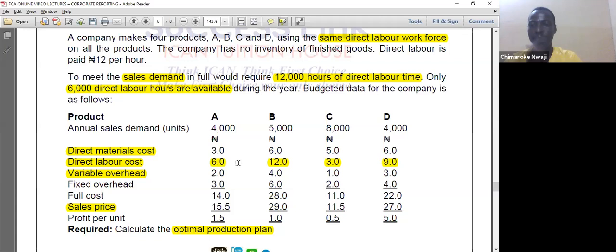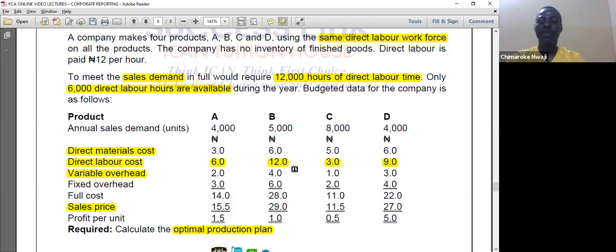What we need is labor hours per unit. That is the scarce resource. They didn't tell us that the scarce resource is labor costs. What we look at here is labor hours available, not labor costs. So there will be a need for you to convert your labor costs per unit to labor hours per unit.